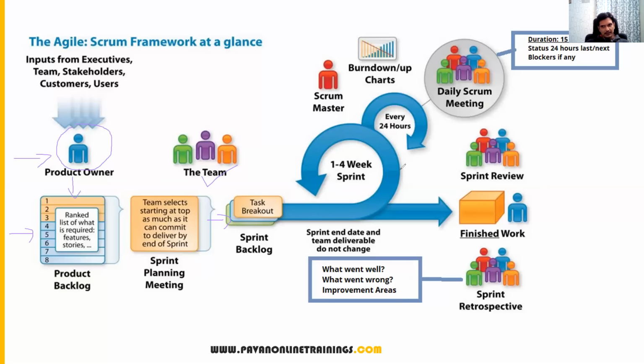During the sprint, whatever stories we committed in the sprint planning meeting, which are there in the sprint backlog, developers and testers both will work on those stories during this sprint cycle of 1 to 4 weeks. During this cycle, every 24 hours there is a 15-minute meeting called the daily scrum meeting, or we can say the stand-up meeting. The scrum master will conduct that meeting, and the rest of the team will participate.